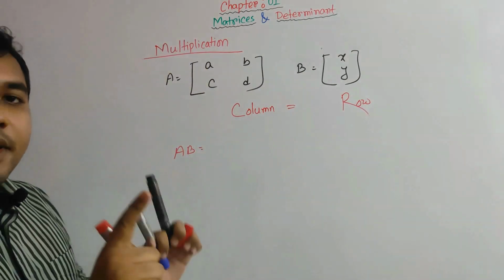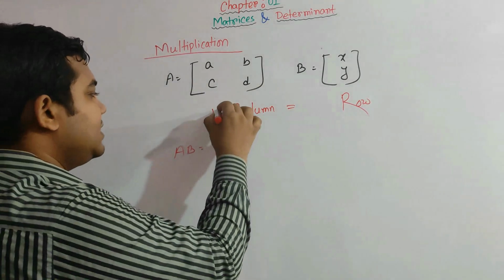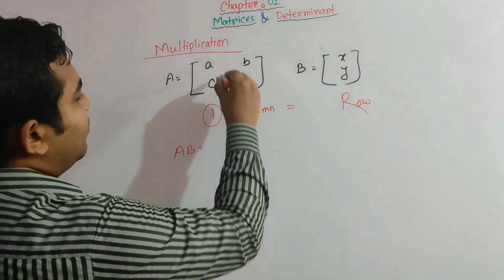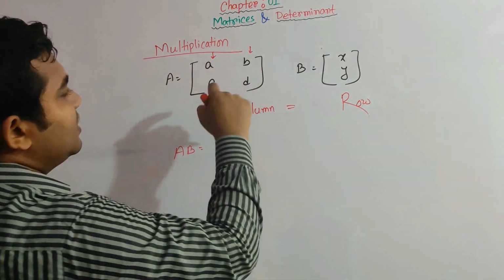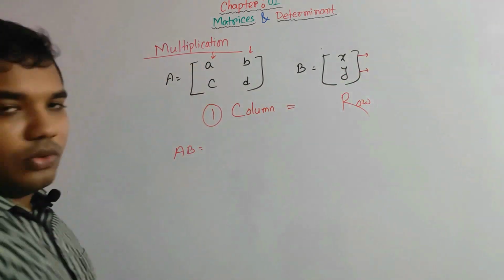You have to check it first, then go for the multiplication. This is the first and foremost rule for multiplication. So now check the columns: here there are 2 columns and here we get 2 rows.